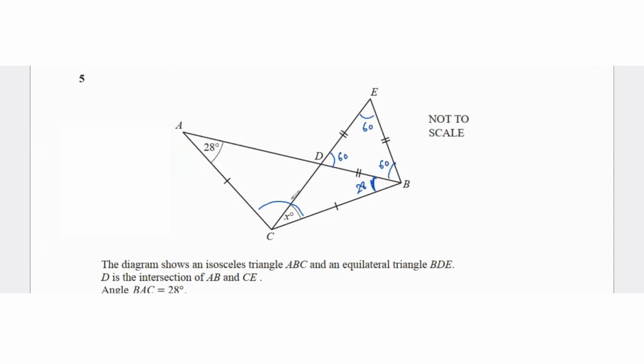So what we can do is we can make ECB a triangle as well, and we can find the third angle, which is going to be angle ECB. If we do 180 minus 60 minus 88. So that's going to be 120 minus 88. 120 minus 88 is going to be 32 degrees. So 32 degrees is also your value of x.